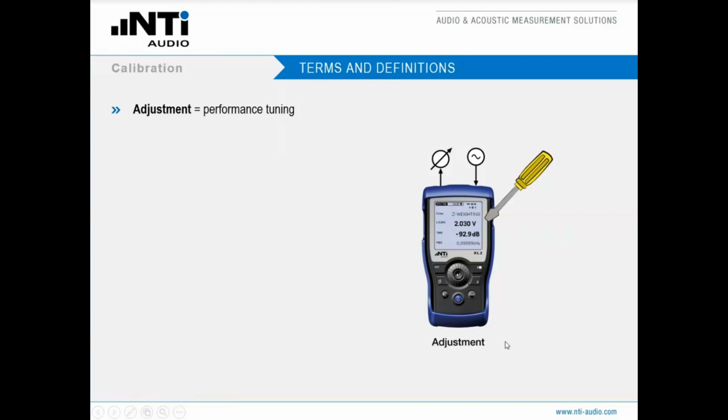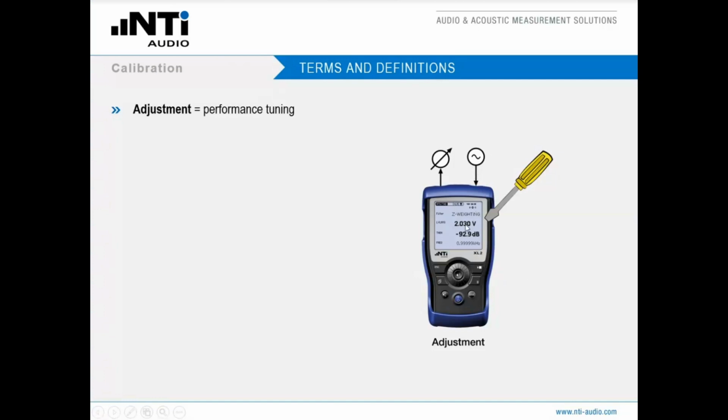Now, let's take a closer look at the terms and definitions, and we start with the so-called adjustment. That's a kind of performance tuning. Let's assume we have a newly manufactured test instrument, and we have to make sure that the provided result actually corresponds to the incoming signal. For that purpose, we are feeding a reference signal into the device.